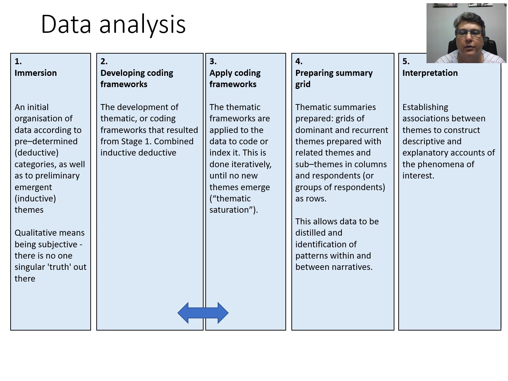Qualitative, as a reminder, means that we are being subjective. In this paradigm, it is believed that there is no one singular truth out there, and therefore we consider the view of our stakeholders as well as the interpretation and involvement of the researchers themselves.